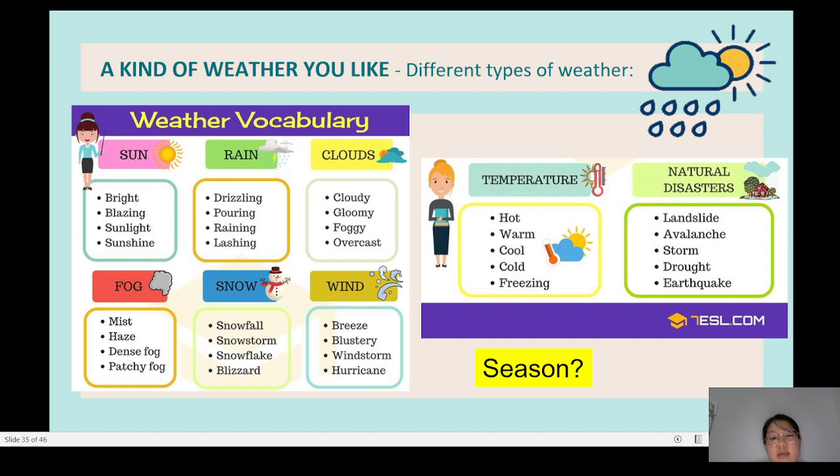On snowy days, it can be snowfall, snowstorm, snowflake, and blizzard. And the last one is that on windy days, it can be breeze, blustery, windstorm, and hurricane. And there are five words that you can use to describe the temperature or the natural disasters.